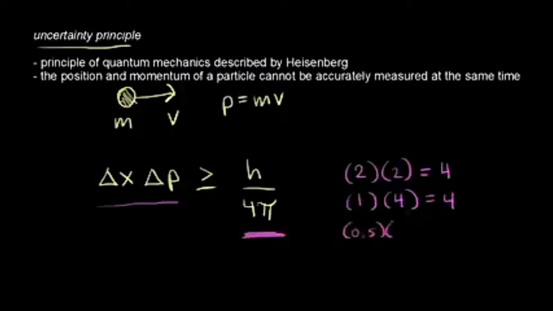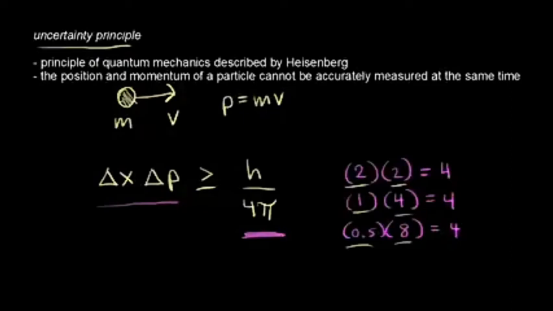If I decrease the uncertainty to 0.5, I must increase the uncertainty in the momentum to 8. So 0.5 times 8 shows you that if we decrease the uncertainty in the position, we increase the uncertainty in the momentum.